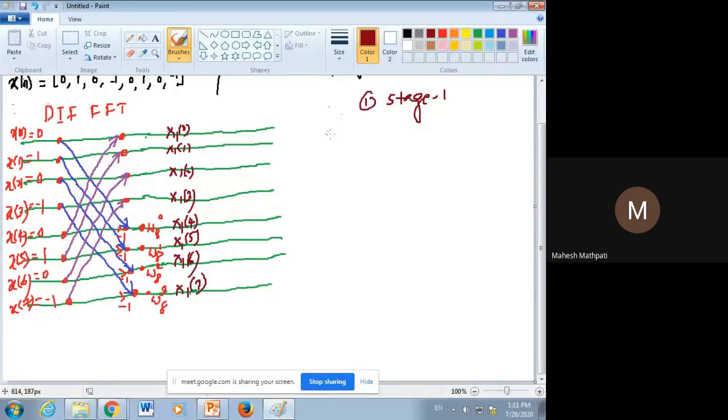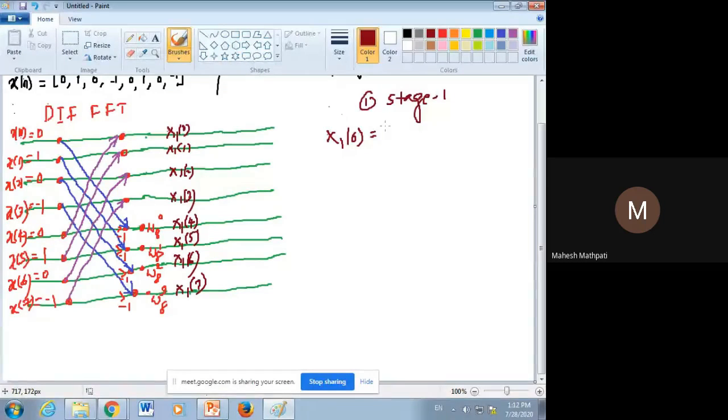Let's write the first value as x1 of 0. Its value is, can someone tell me the answer? What is the value of x1 of 0? Am I audible? Yes, sir.